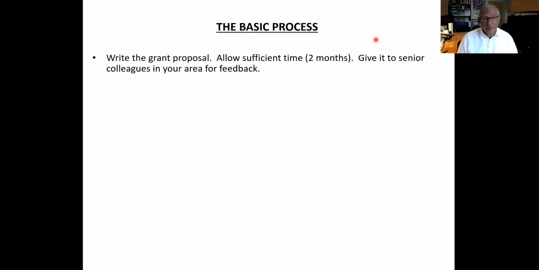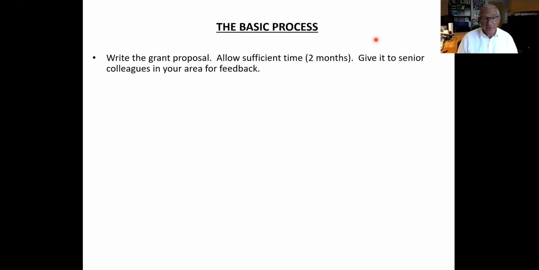But it doesn't hurt to have somebody who might be in your area but not familiar with your exact line of research, because they could look at it from a more naive perspective. It's not always the case that every single reviewer assigned to your grant is an expert in your area.